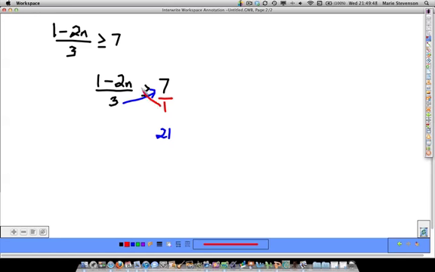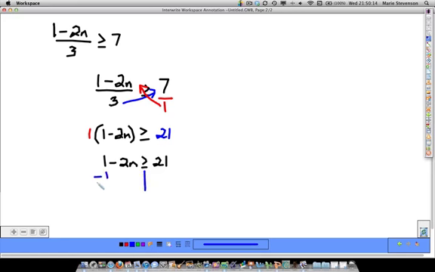Let's go the other way. This is positive 1 times the quantity of 1 minus 2n. Again, I'm using a positive to multiply, so I do not have to flip it. Now, the 1 here is not going to actually change anything, so I'm just going to rewrite it as 1 minus 2n greater than or equal to 21. So now this is a two-step inequality.